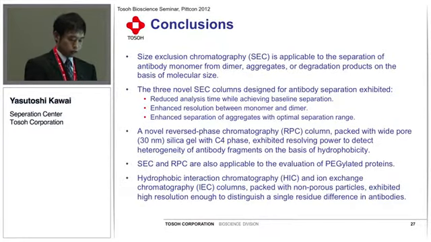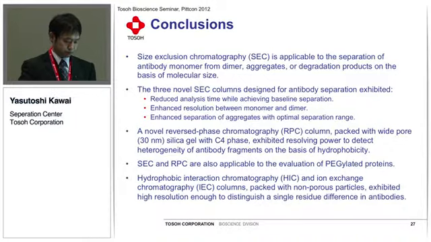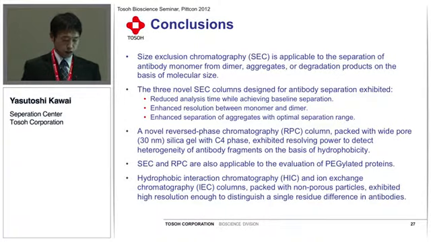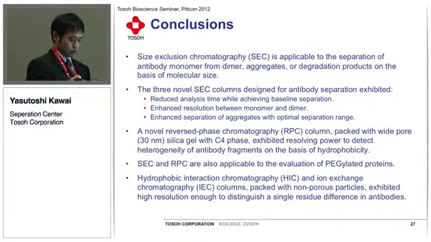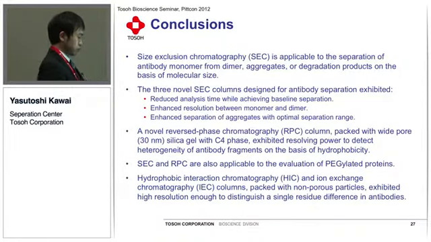So here I'd like to conclude my presentation. In this seminar, we have seen several studies on protein separation using 4 chromatographic modes. First, I displayed the separation by size exclusion chromatography.